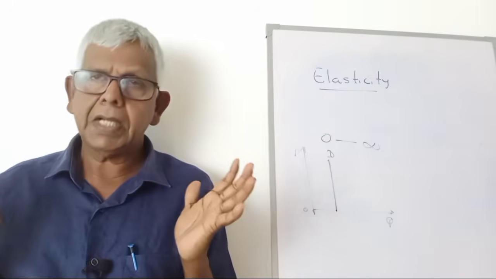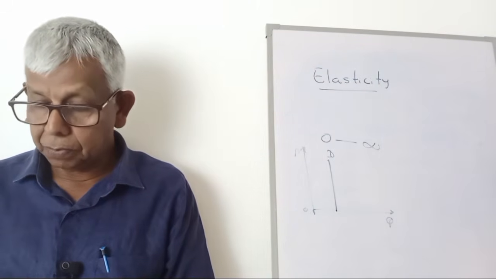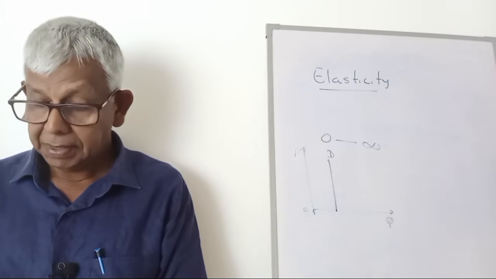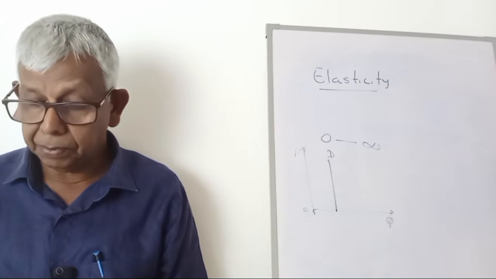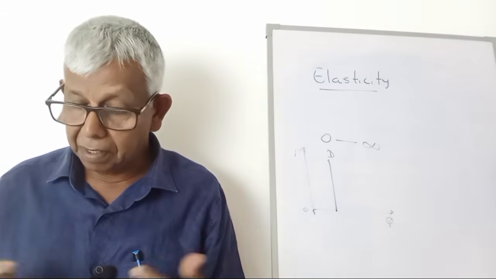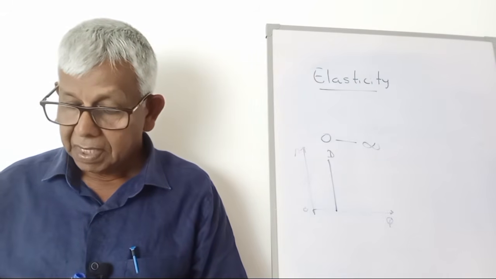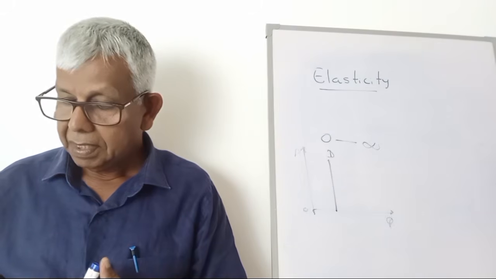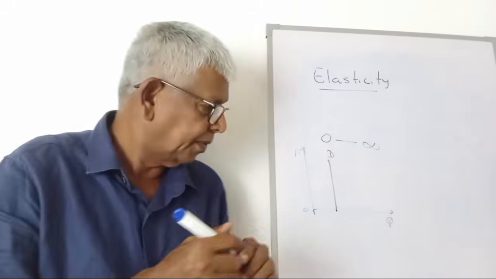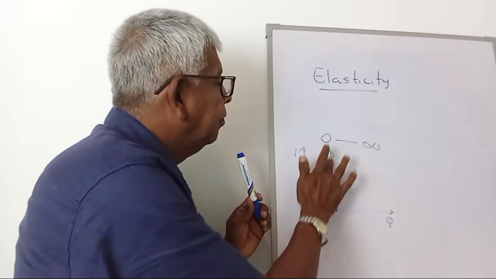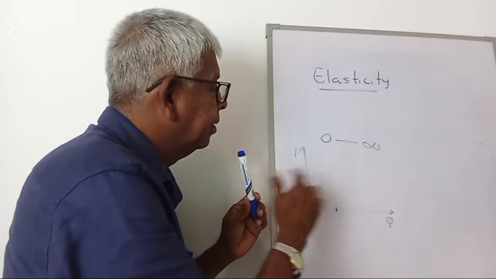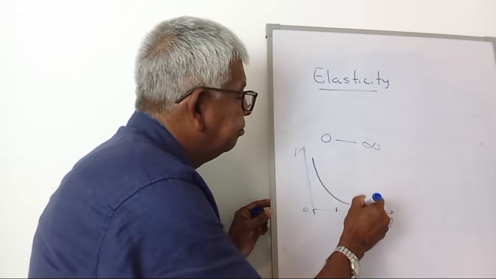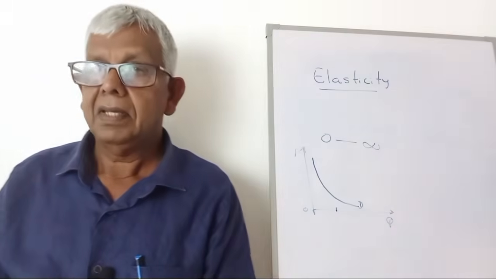The demand curve related to unitary elastic demand is a rectangular hyperbola. So we can draw the demand curve like this.